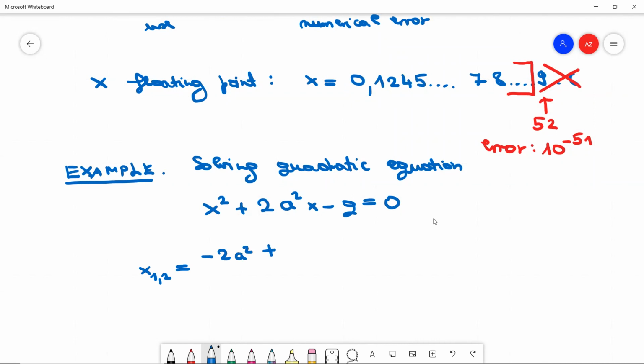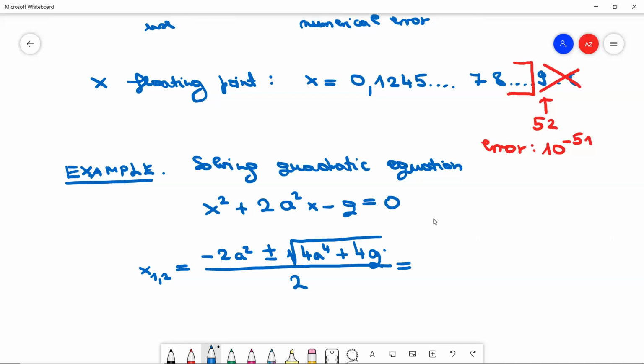Let's remember this formula, x1,2. This is minus the second coefficient, so minus 2a squared, and then we have two options, plus minus the square root of the discriminant. It's the second coefficient squared, so 4a to the power of 4, minus 4 times the first coefficient times the last coefficient, so in this case 4q, over 2.